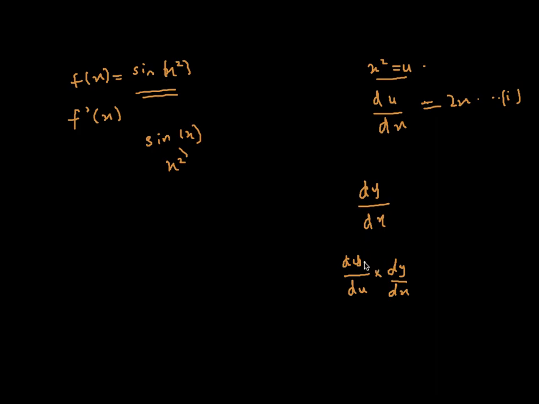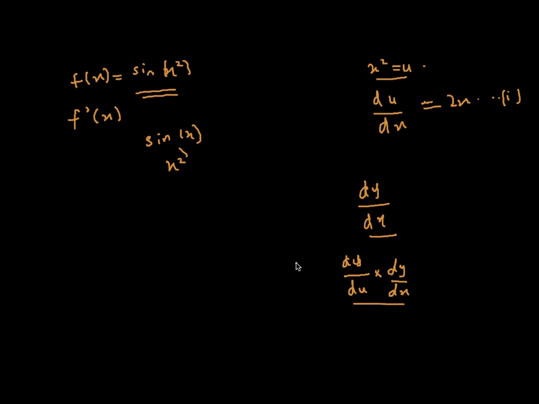Instead of differentiating it once, we are just differentiating it twice. This is with respect to u, and this is with respect to x. The with-respect-to changes, so the perspective is changing. We are just expanding it.